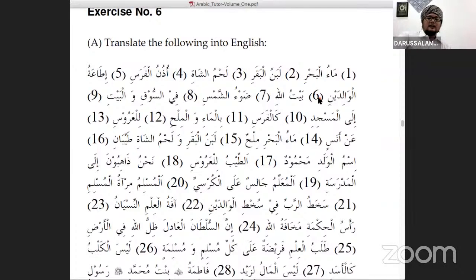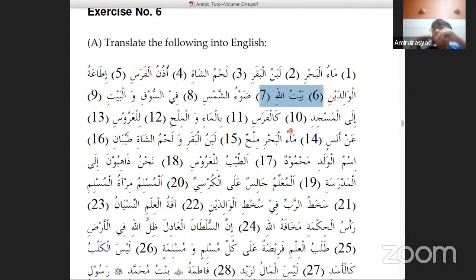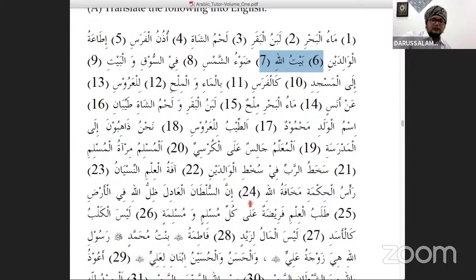This is homework. Okay, let's just look at some of them. Let's look at number 6 for example. Baitullahi. Okay, translate that. The house. The house of Allah. Very good. Alhamdulillah. Very good.